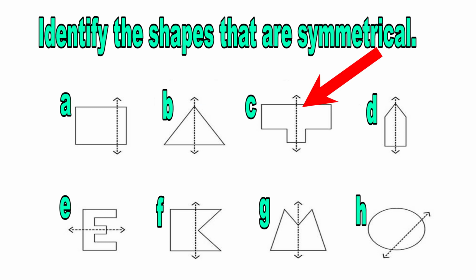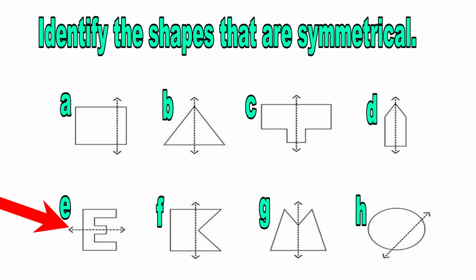Shape C is also symmetrical because the two halves are identical. What is on one side is reflecting on the other side. Shape D is also symmetrical because the line is showing or highlighting symmetry. What is on one side is on the other side.